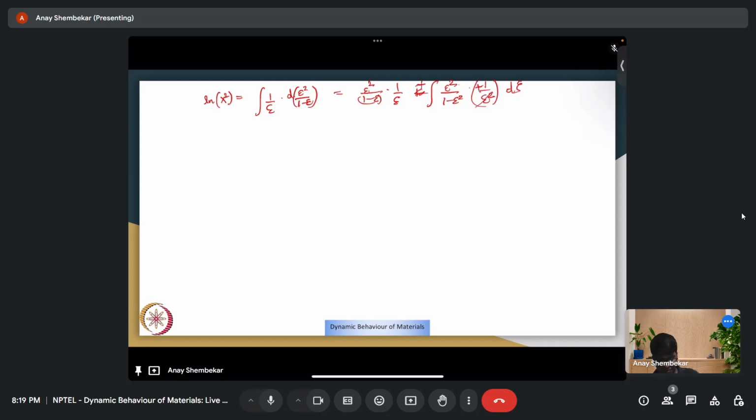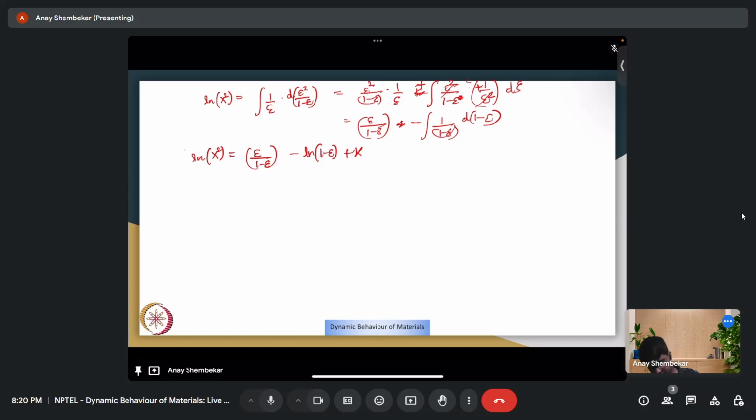Minus minus would become plus, and you have epsilon upon 1 minus epsilon plus minus 1 upon 1 minus epsilon d epsilon, which can be written as d of 1 minus epsilon. So you end up with ln of x square equals epsilon upon 1 minus epsilon minus ln of 1 minus epsilon plus some constant k.